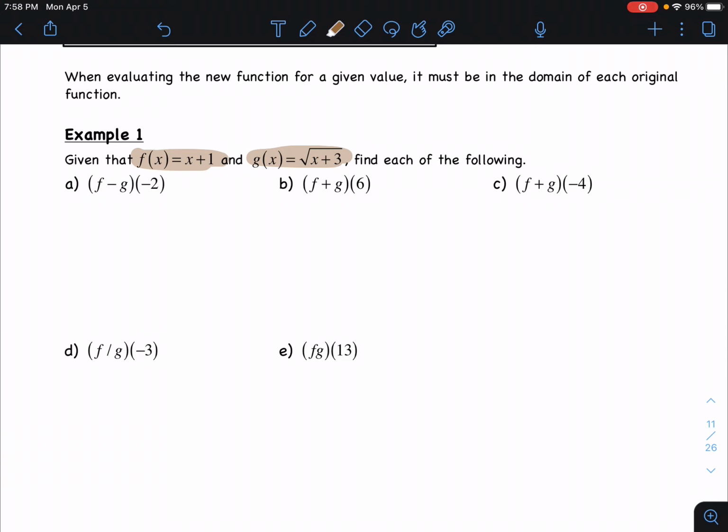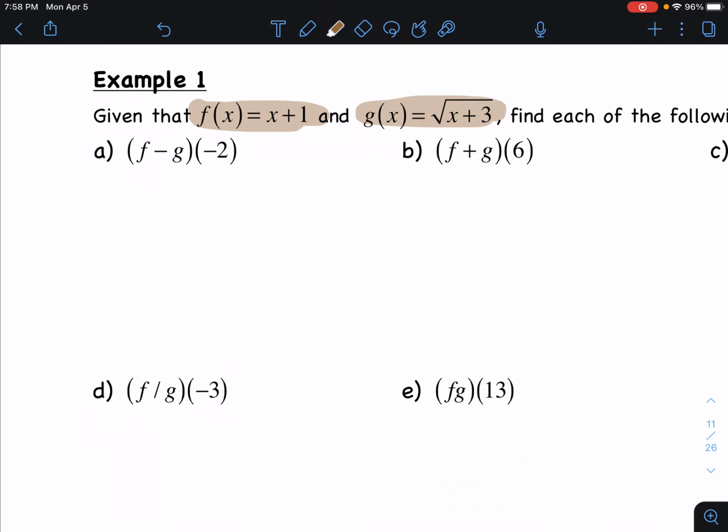What it wants us to do is f minus g of negative 2. So it's telling you that you must substitute negative 2 in for x into each of the functions and then subtract them.